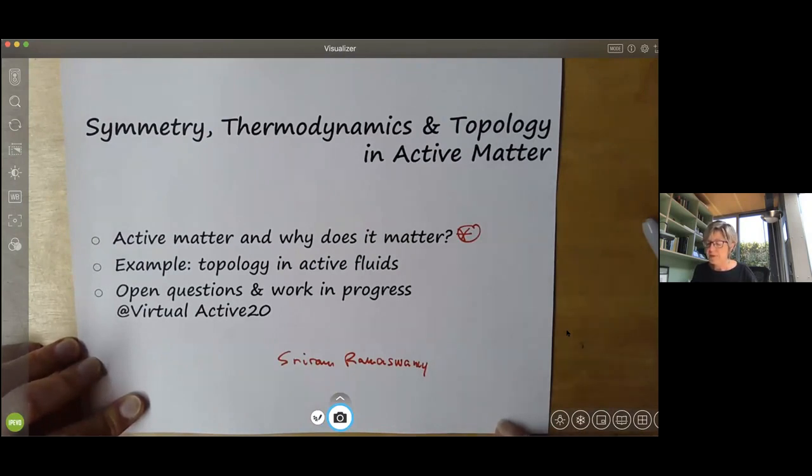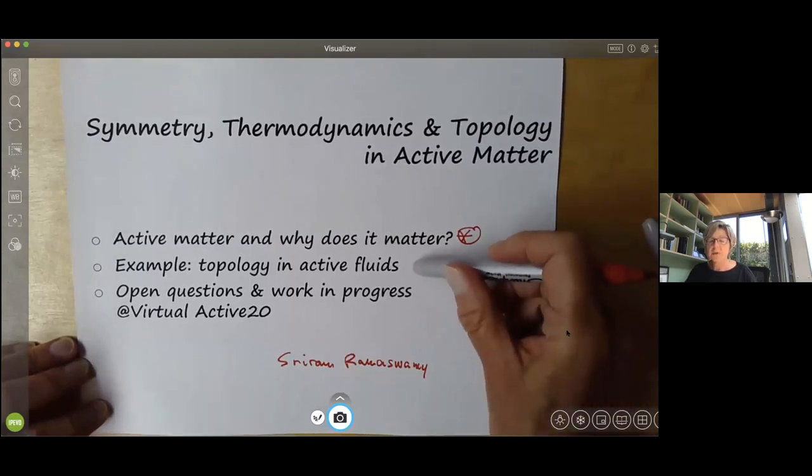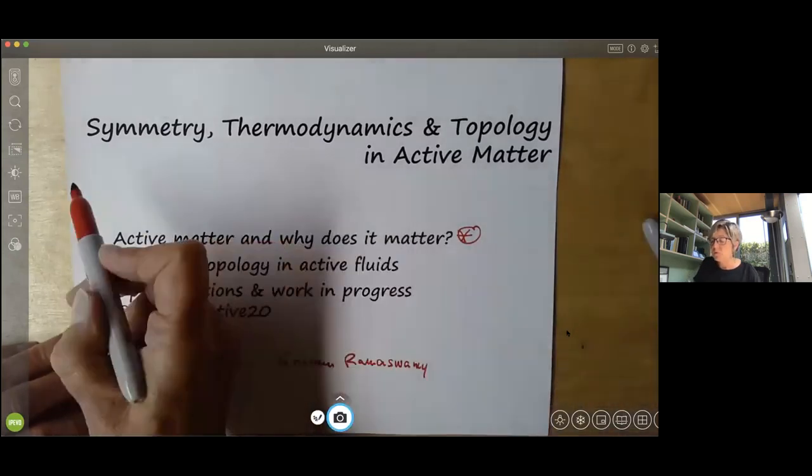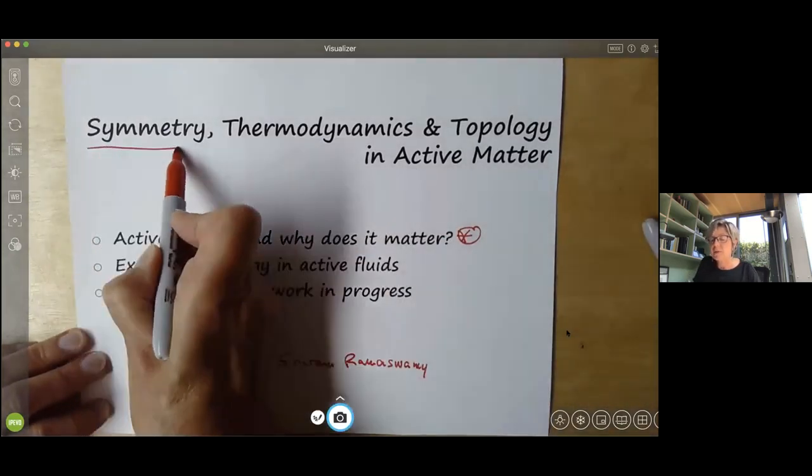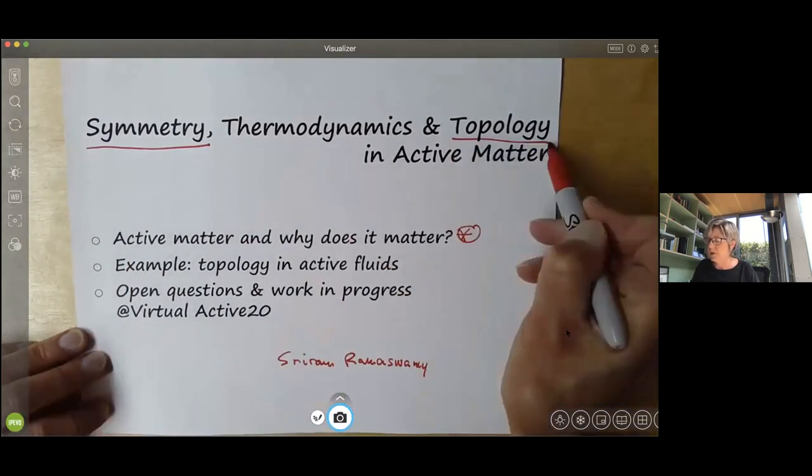So I will start by telling you a little bit what active matter is. It describes systems that are out of equilibrium, and I will try to tell you why it is different from other non-equilibrium systems. I will mostly do so by focusing on a particular example. In this talk, I will mainly focus on 2 items from the title, symmetry and topology in active matter.